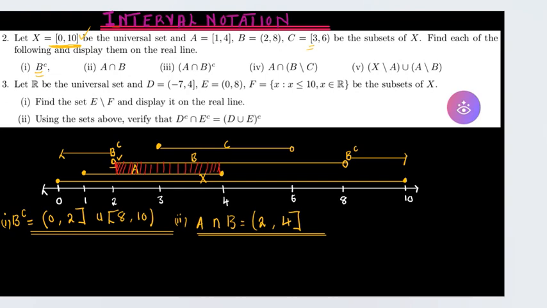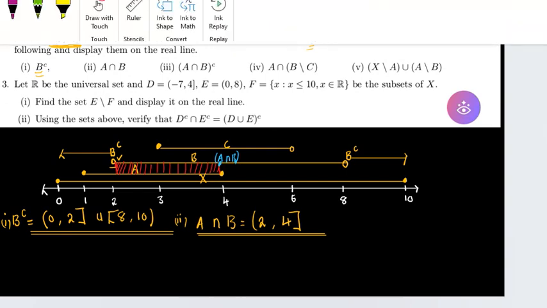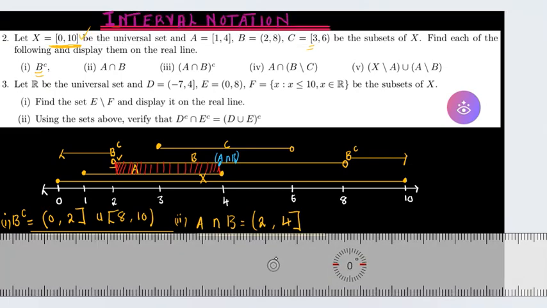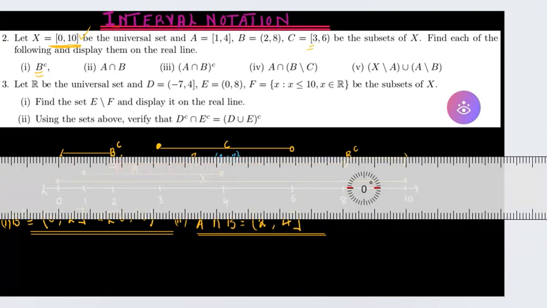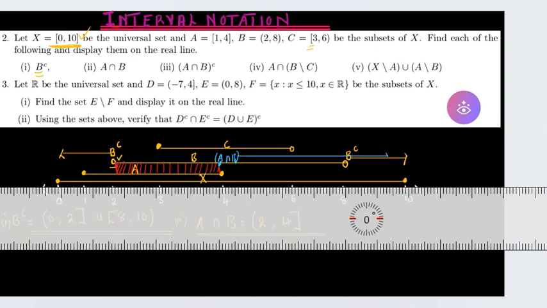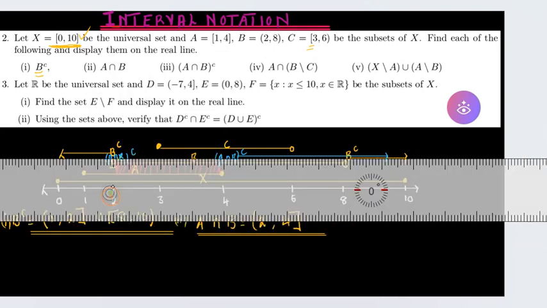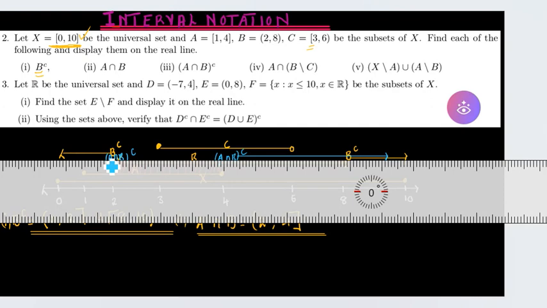So our complement for A and B, so A intersection B complement is going to be from this particular point up to this end. Also from here we say A intersection B complement. This is going to start from this point going this end.